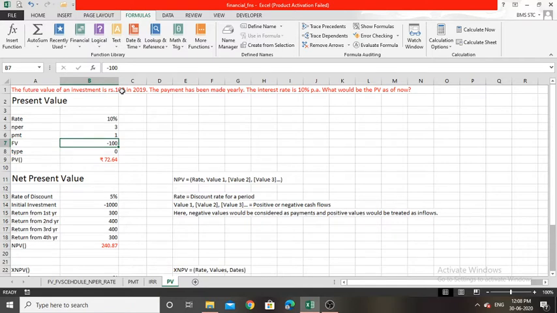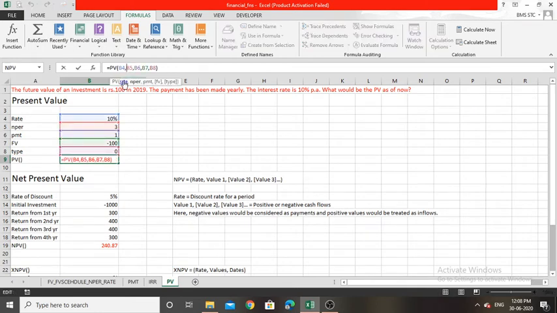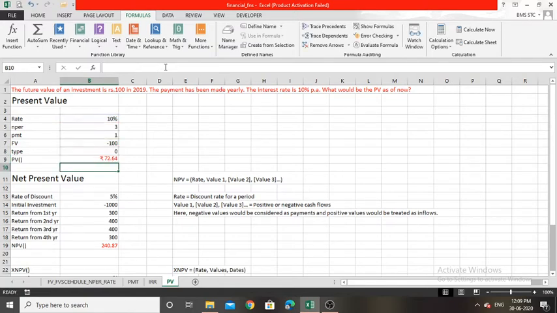In 2019 the amount is outflowing, so it is denoted as negative 100, and type by default is 0. So the function is PV equals PV of rate, NPR, PMT, FV and type. All the data are given, so we simply put the values in each argument and press enter.